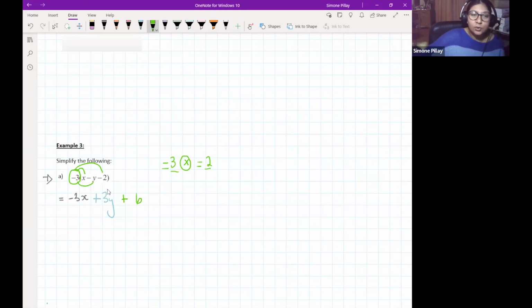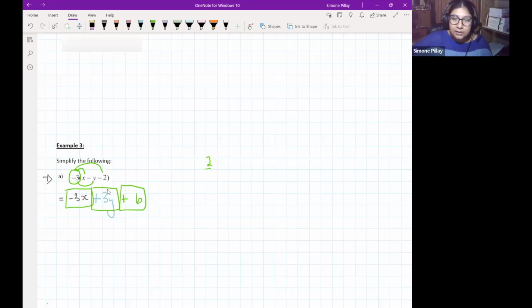Okay? So if we look at what's inside the brackets, there are 3 terms inside my brackets. And so I have to take my negative 3 and multiply it by each term inside the bracket. And I'm going to put my answer down here for each one of those sums that I do. So the first thing we have to do is say negative 3 multiplied by x.